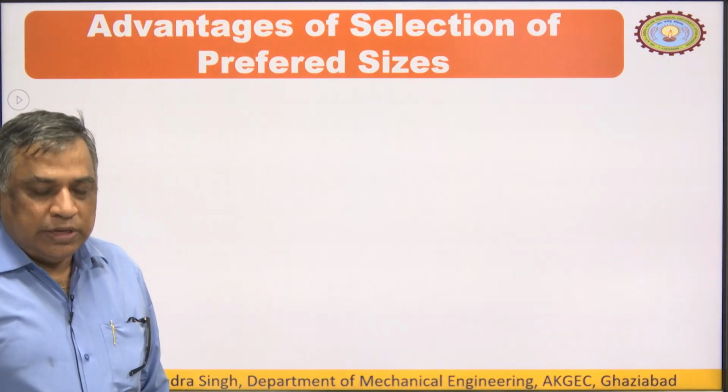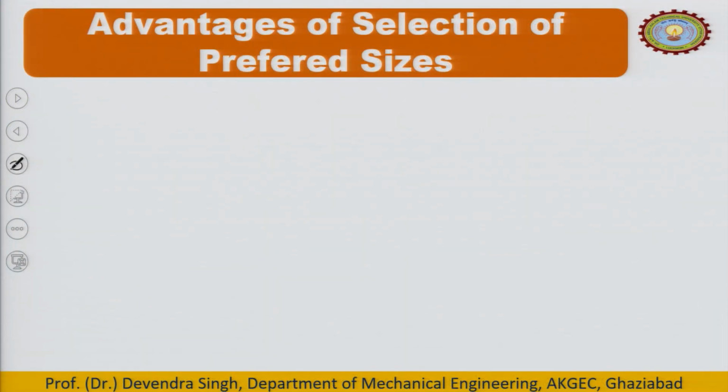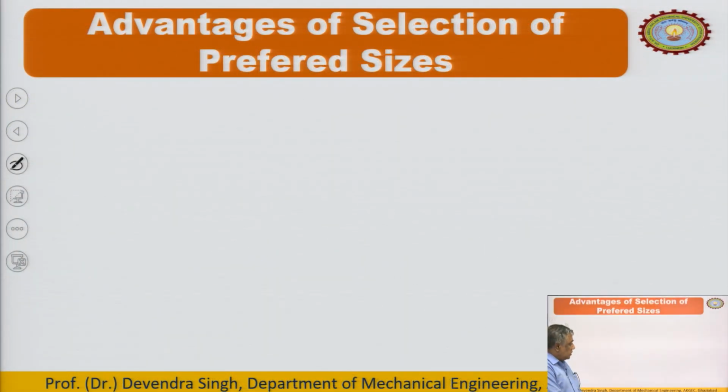Now, what are the advantages? The most important advantage in my opinion is because whenever you start any business, we must know how many products and how many models we should produce, so that our business gives the profit to survive. So, there must be some logic to decide the sizes.